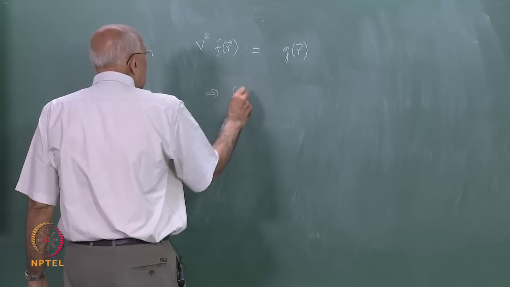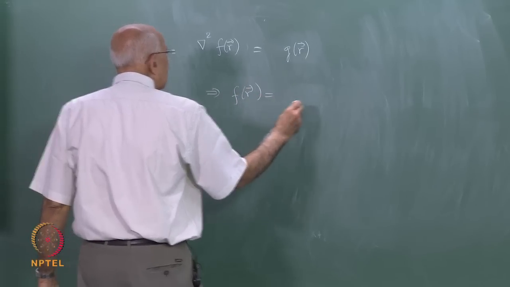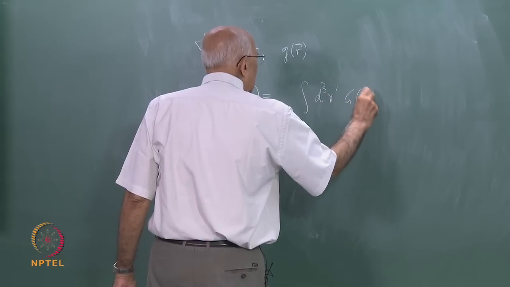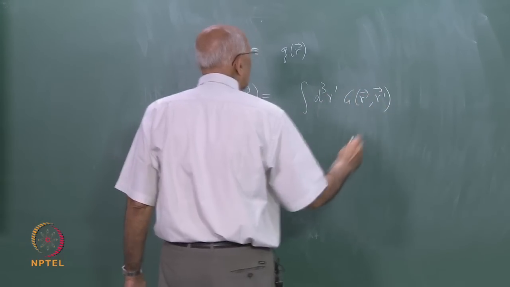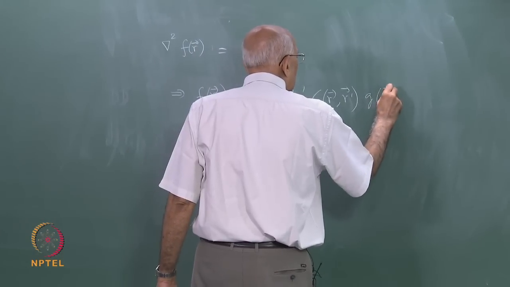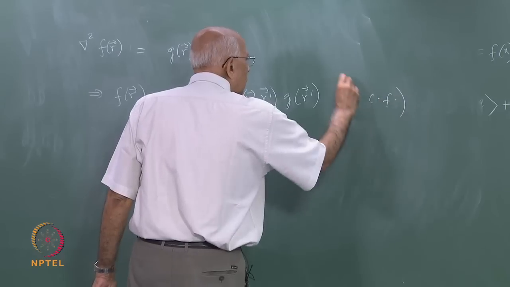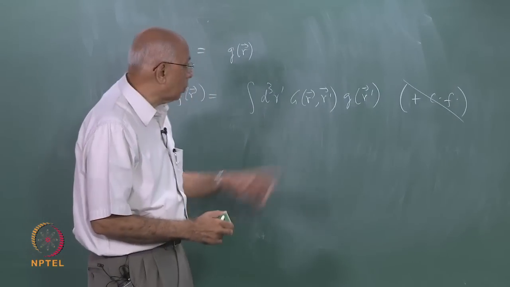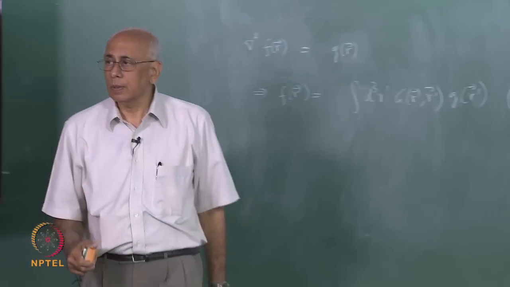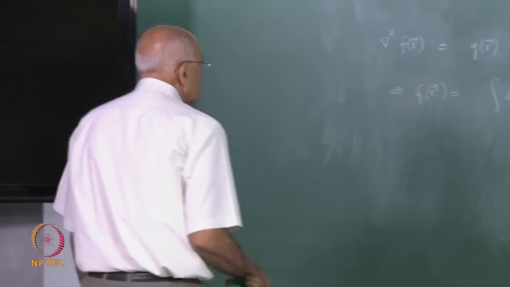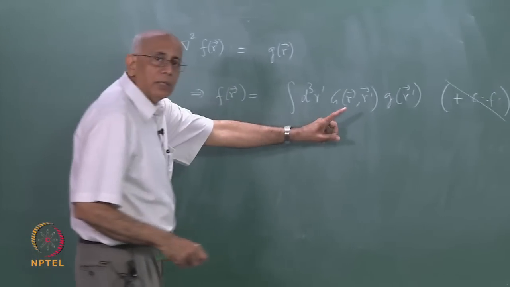This implies that f of r is equal to an integral d3 r prime G of r comma r prime times little g of r prime, plus of course the complementary function, but I am not interested in it at the moment. I just want to know what the Green function is. And what equation does this G satisfy?